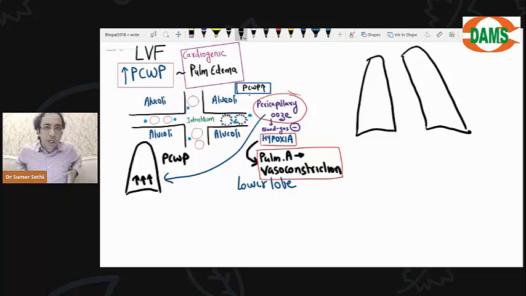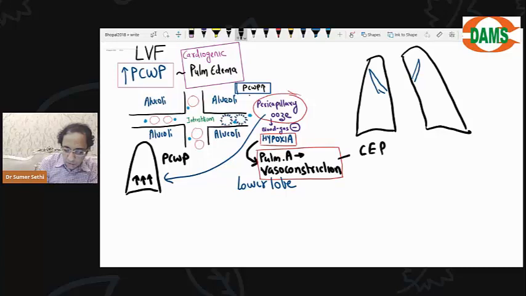But what is happening is lower lobe arterioles are constricted because of the hypoxic environment. They are constricted. So blood is selectively going into the upper lobe. Now, when you look at the X-ray, you start seeing that the upper lobe vessels appear more dilated than the lower lobe vessels because the lower lobes have gotten constricted. This is called cephalization of blood flow.